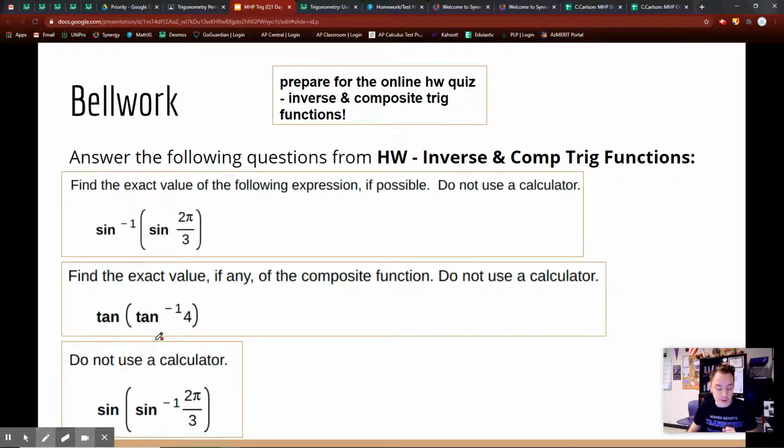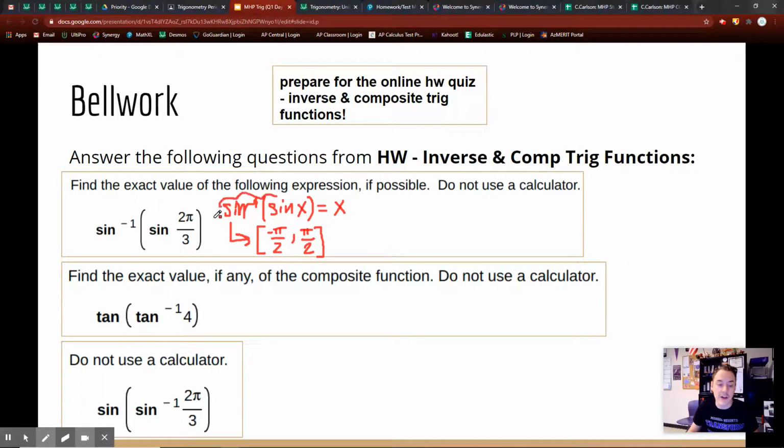Okay, so I'll remind you that this interval, if it follows this pattern, inverse sine of sine of x, it will equal x if it's within this range restriction, negative pi over 2 to pi over 2.